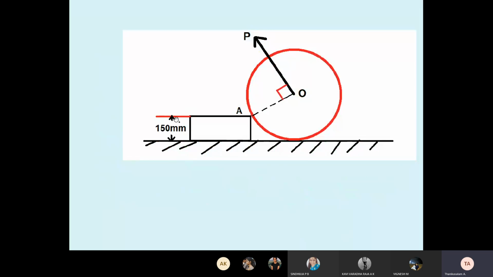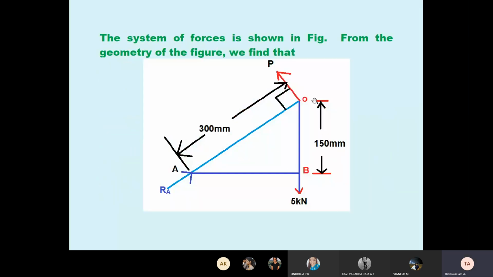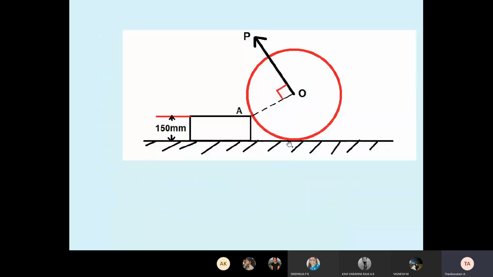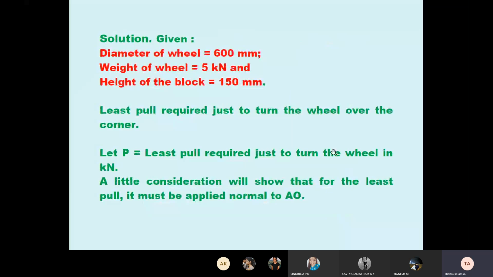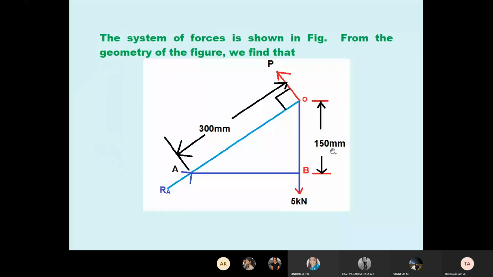Already the block height, how much? Students, the block height is 150 mm. Therefore 300 minus 150, what is the balance? 150 mm. That's why I marked vertical O to B. Students understand? O to B. I should mark the B point here, but here I have not marked the B point. How did the 150 come? We know the radius is 300, and the block height is 150.